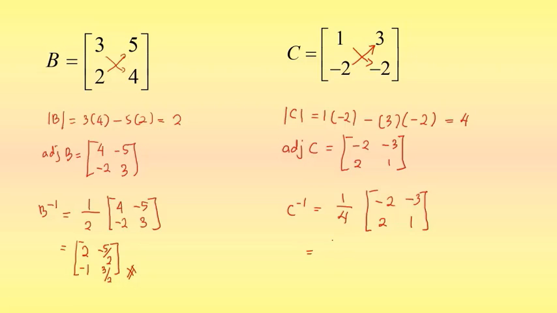Just multiply the adjoint with the constant here. So negative 1 over 2, negative 3 over 4, 1 over 2 and 1 over 4.